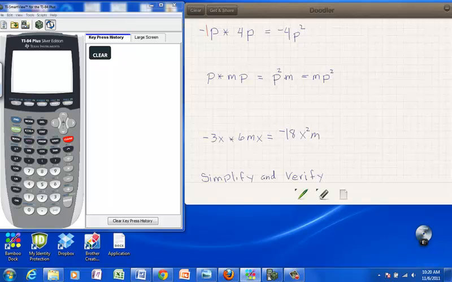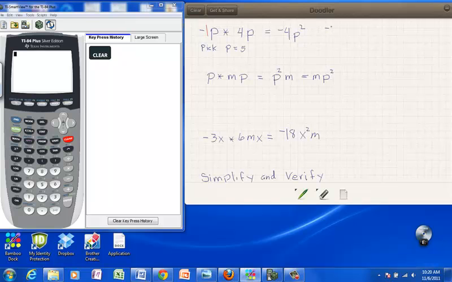All right, so now let's go back through and verify these. And we'll verify by picking a number. So I'm going to pick p is equal to 5. Then we'll substitute 5 into the original expression.